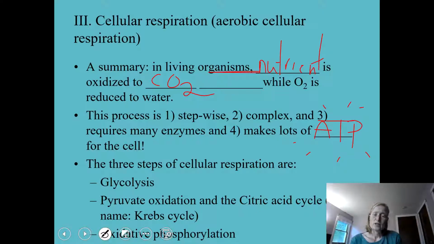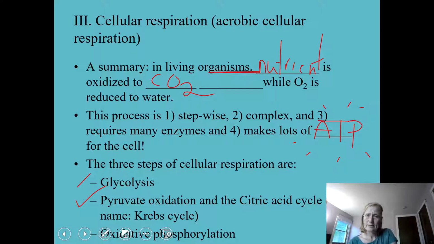We break cellular respiration into three major steps or components. Our textbook actually sometimes calls it four. The first step is called glycolysis, and then comes pyruvate oxidation and the citric acid cycle. I kind of lump those together. And finally, if you can't read that down there, it's called oxidative phosphorylation.